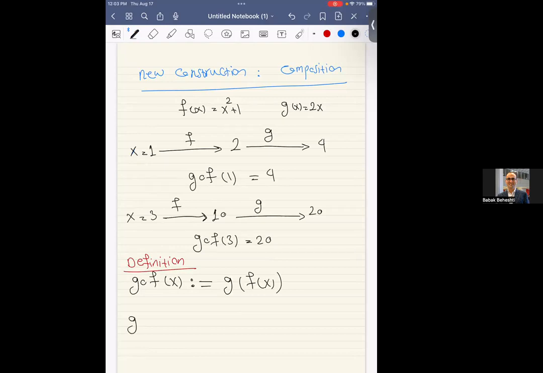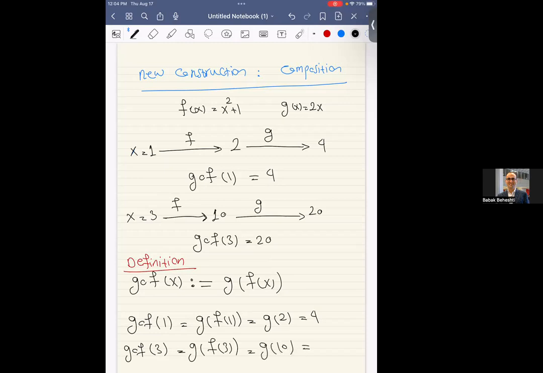So for example, g o f of 1 is g of f of 1, but f of 1 is 2, so it's g of 2, it's 4. Or g o f of 3 is g of f of 3. So f of 3 is 10, so it's g of 10 equal to 20.